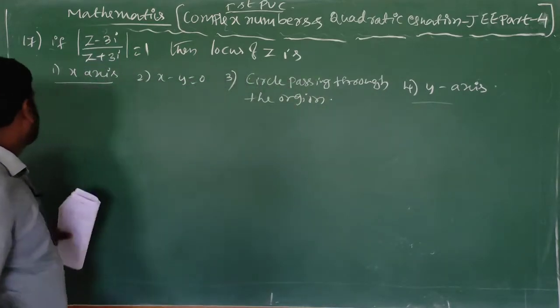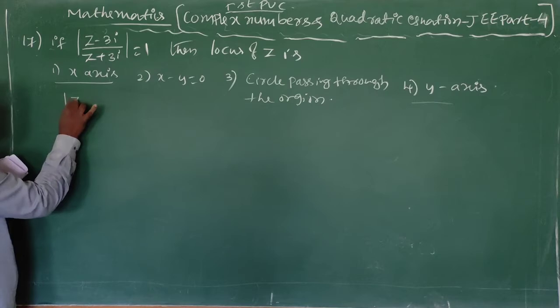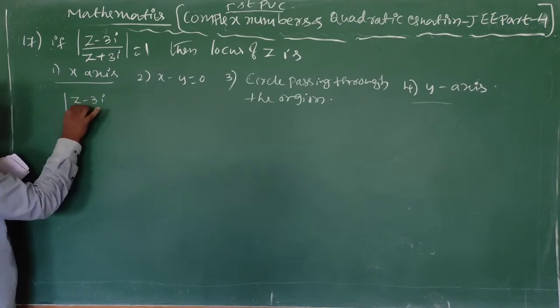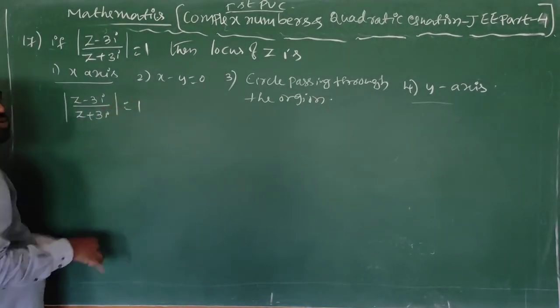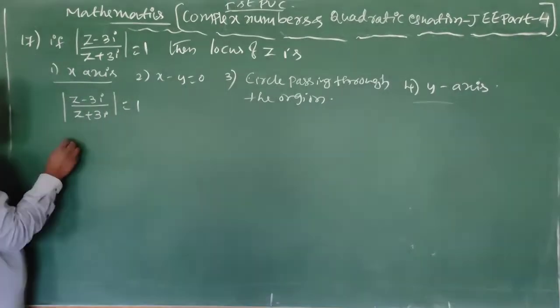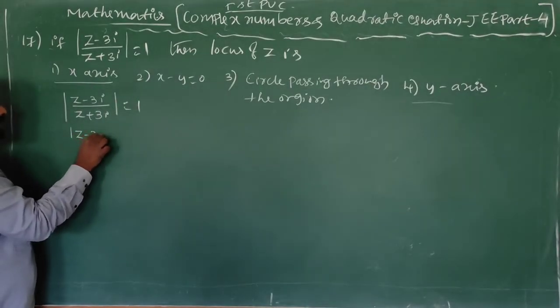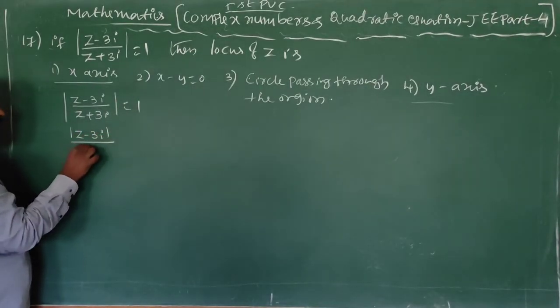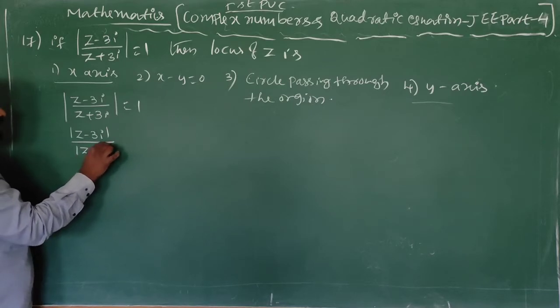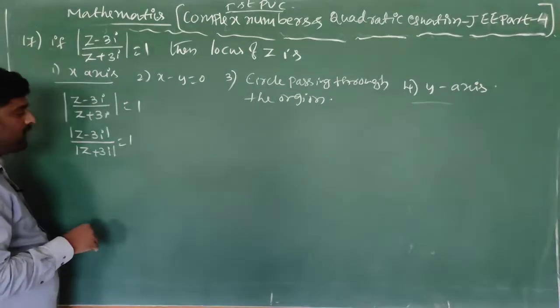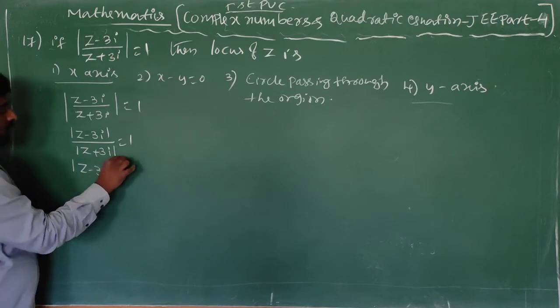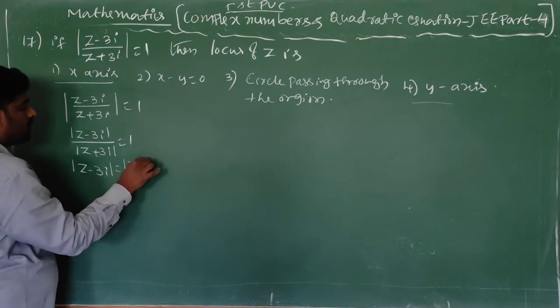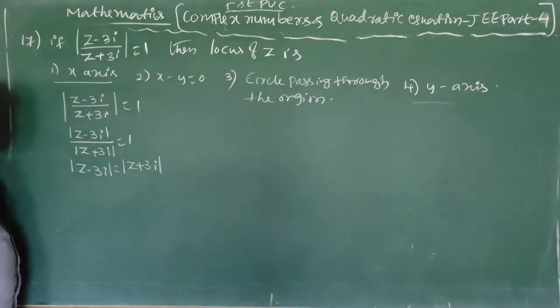Now, modulus of (z minus 3i) divided by (z plus 3i) is equal to 1. It is of the form a by b. Modulus of (z minus 3i) divided by modulus of (z plus 3i) is equal to 1. So modulus of (z minus 3i) is equal to modulus of (z plus 3i).